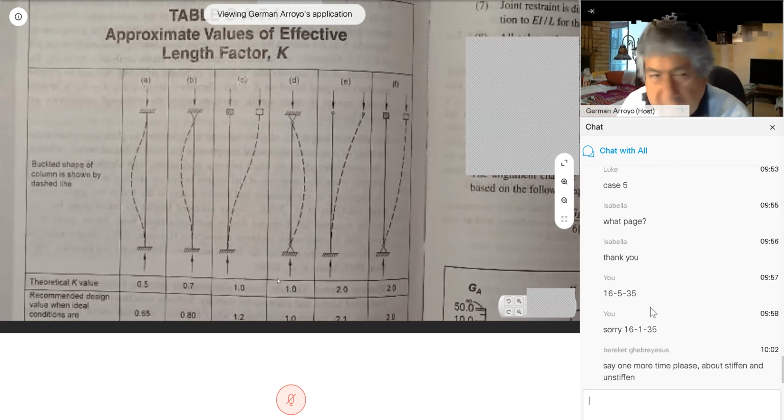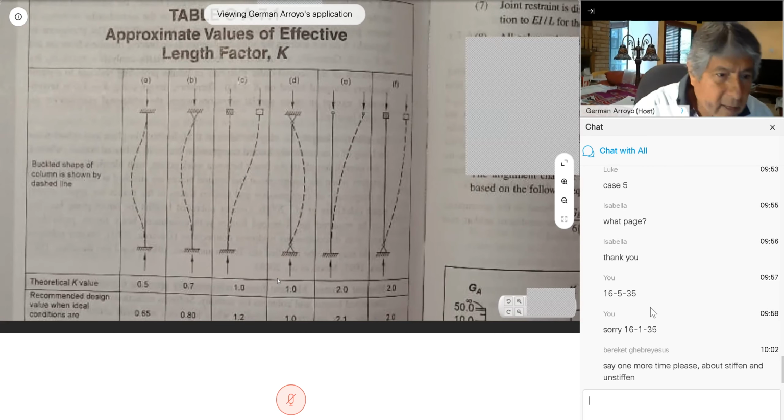And this is also from mechanical solids, probably you don't remember, for the corner.